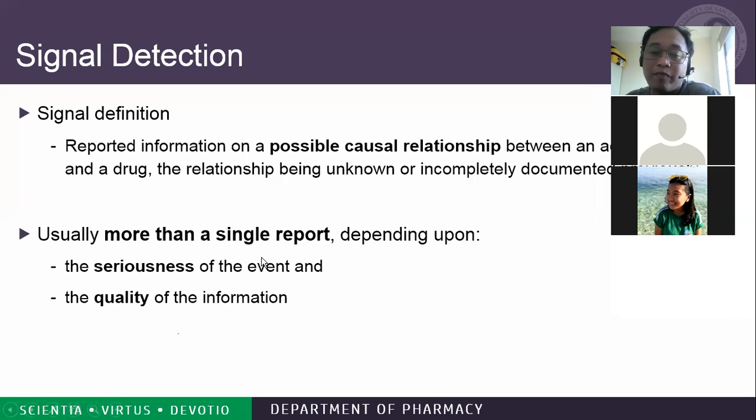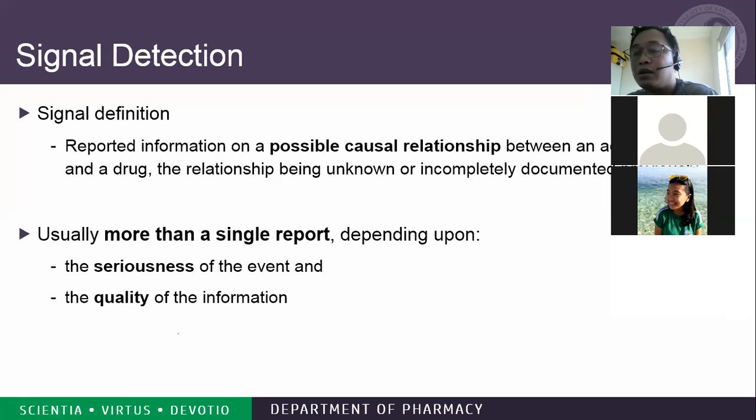Usually a signal requires more than a single report. However, like what I said before, in pharmacovigilance our interest is to help safeguard patient safety. Then it depends on the seriousness of the event and also the quality of the information.